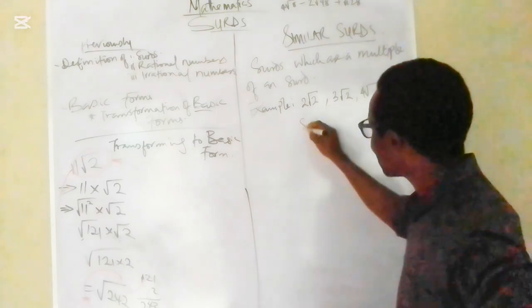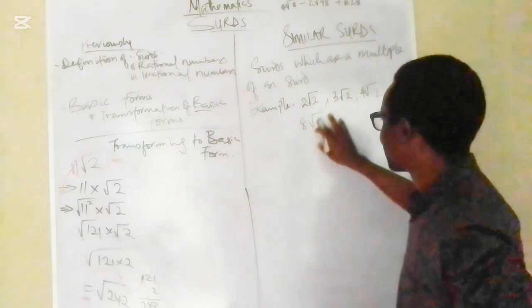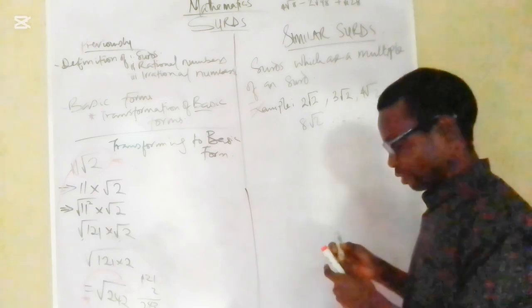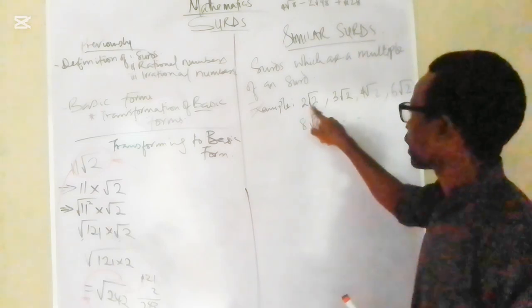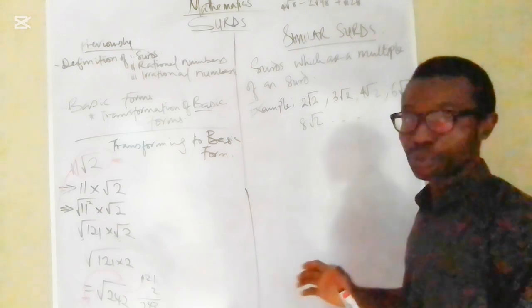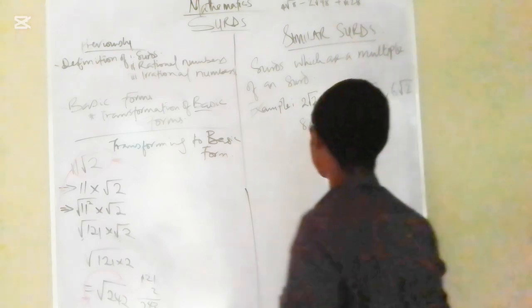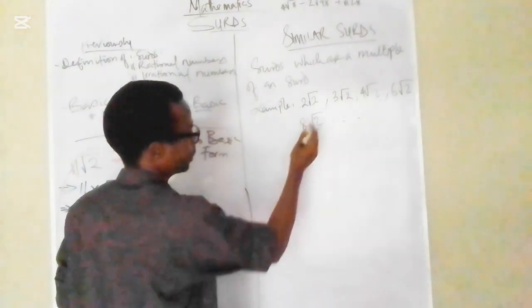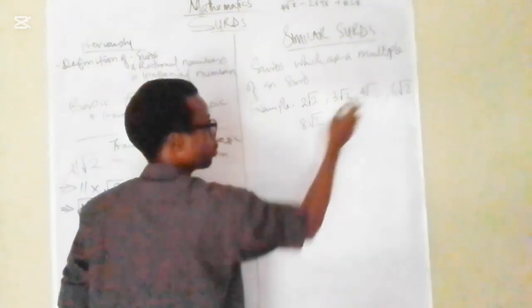It can be even 8 square root 2, and so on. Right? Now the thing is this: each one of them has square root of 2 under them. So if I bring them to this, they are similar surds. They have a similar base of square root of 2.